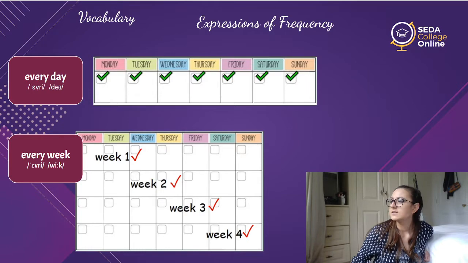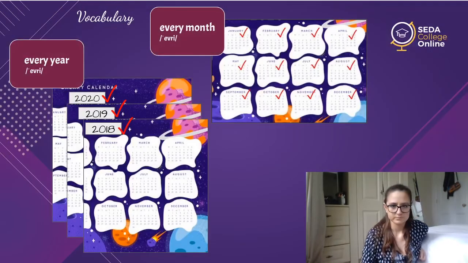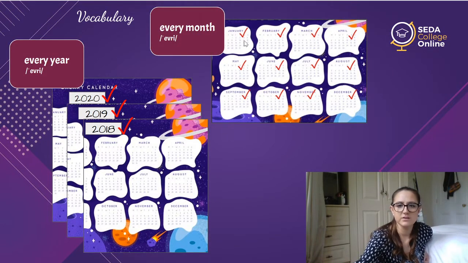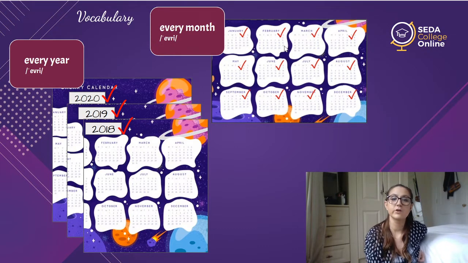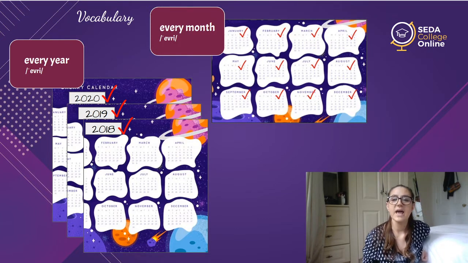So next one gets a little bit more complicated. So every month. You see all the months here of the year, and I have them checked. So I do something every month, or something happens to me, or someone tells me something happens every month or every year. For example, I take the flu shot.